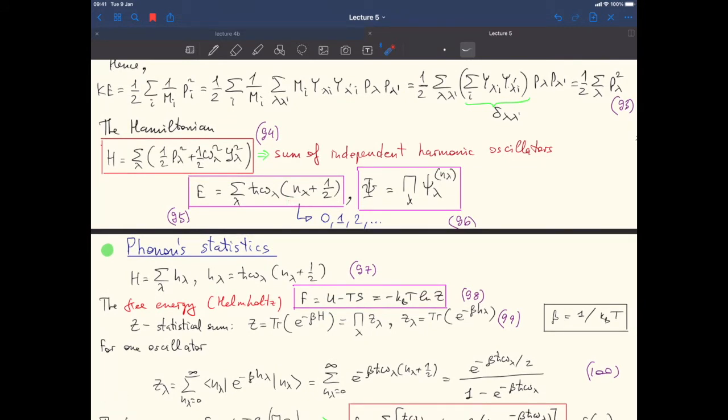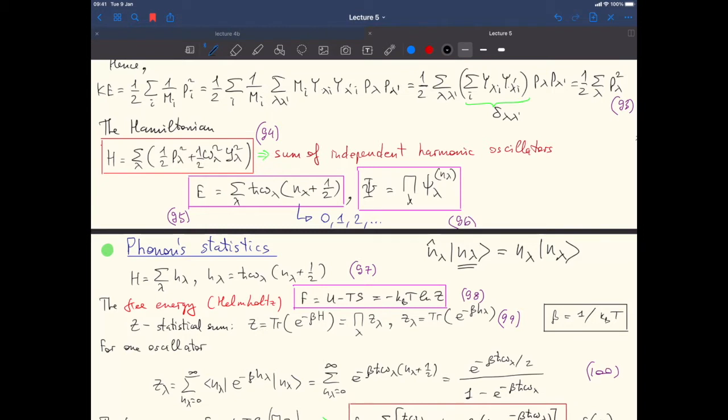It's an integer number. So this n lambda as an operator has as an eigenstate n lambda, which corresponds to all possible collections of these numbers for each oscillator.